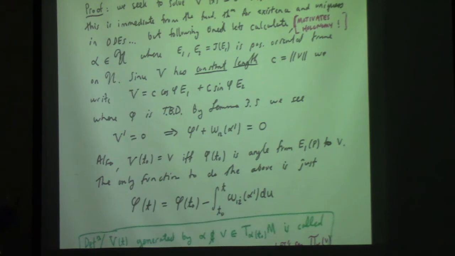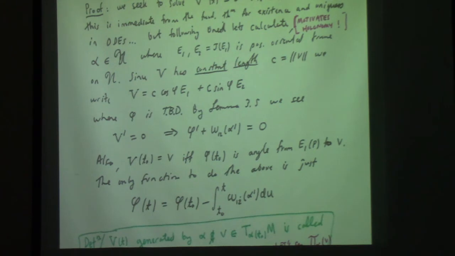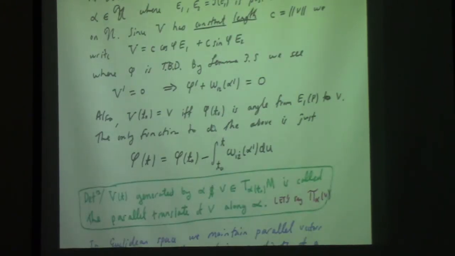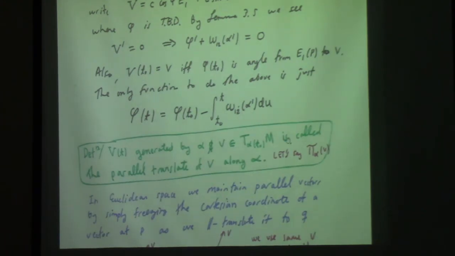Which means that the vector field which we're creating has constant length, among other things, because we just proved a parallel vector field has constant length. Now, by definition, V of t generated by this technique I just outlined is called the parallel translate of the vector v along alpha.